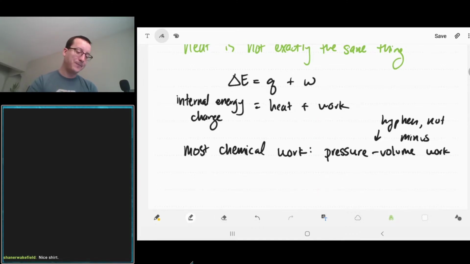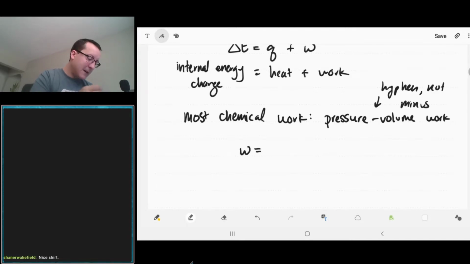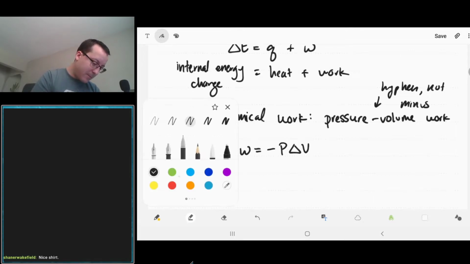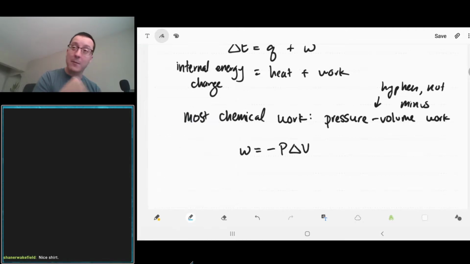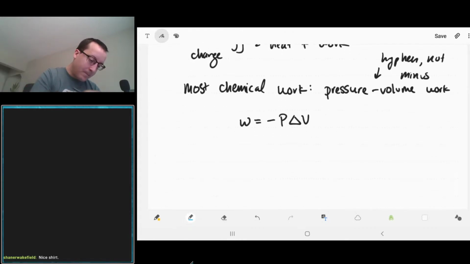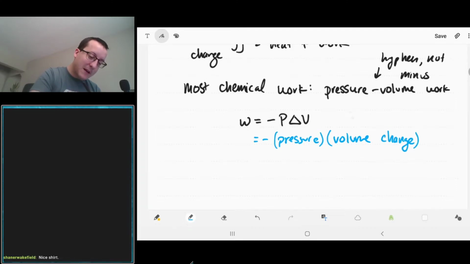It's pressure-volume. For our chemistry, that means that work will be the product of the pressure and the change in volume. And remember that delta V, or delta anything, is always final minus initial.